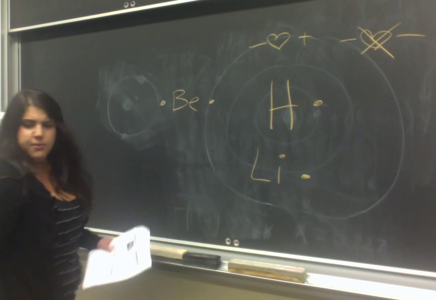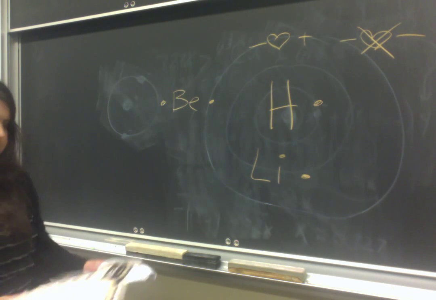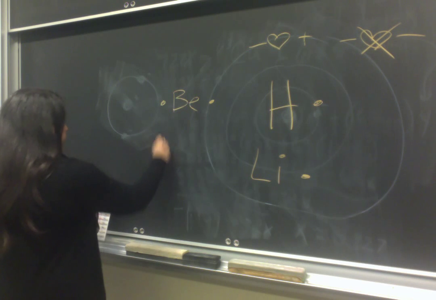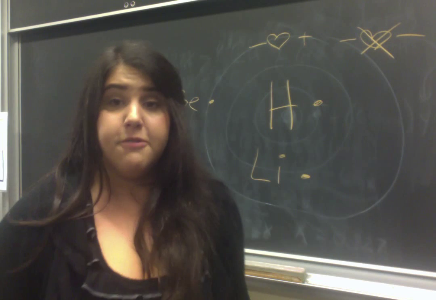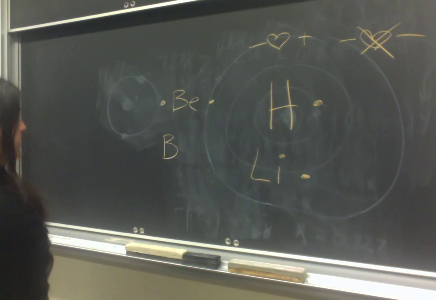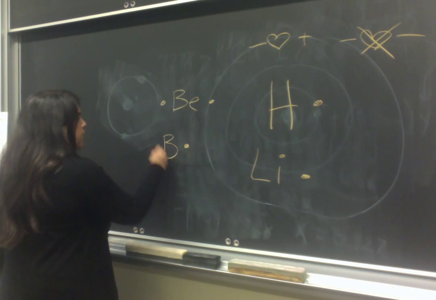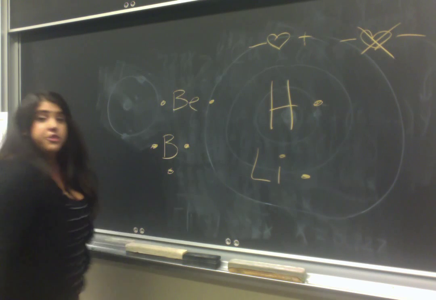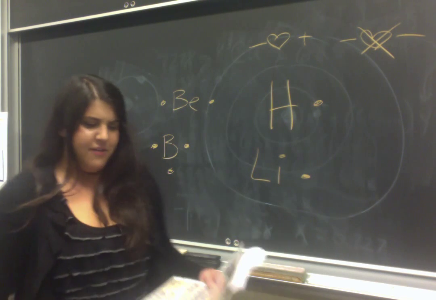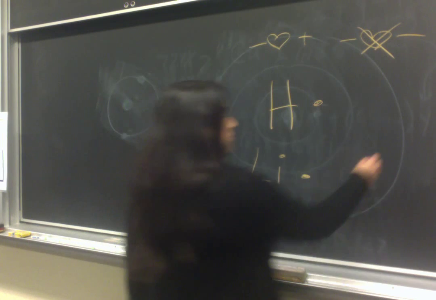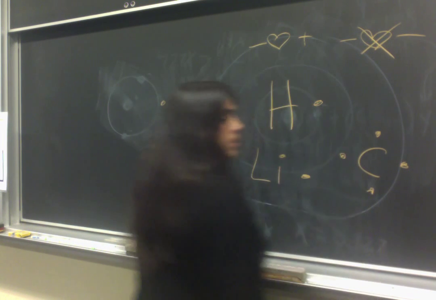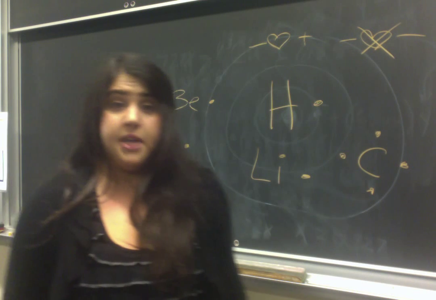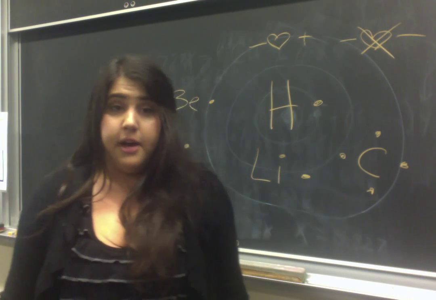So if I move on, beryllium next to boron. Boron now is in group 3. It therefore has 3 valence electrons, so I'm now going to take up even more space. 1, 2, 3 electrons. Now if I go move on to carbon, has 1, 2, 3, 4 electrons, meaning 4 dots, and these are just the Lewis structures of my elements.